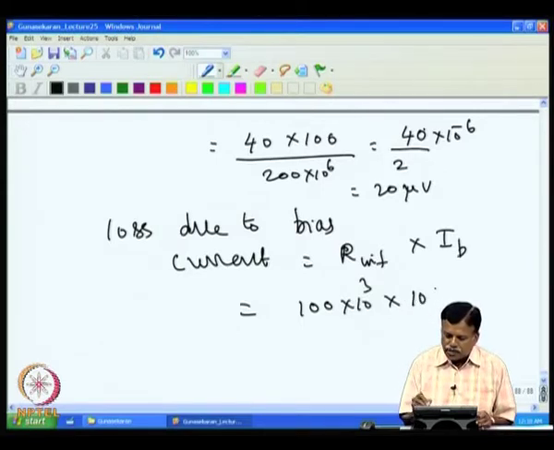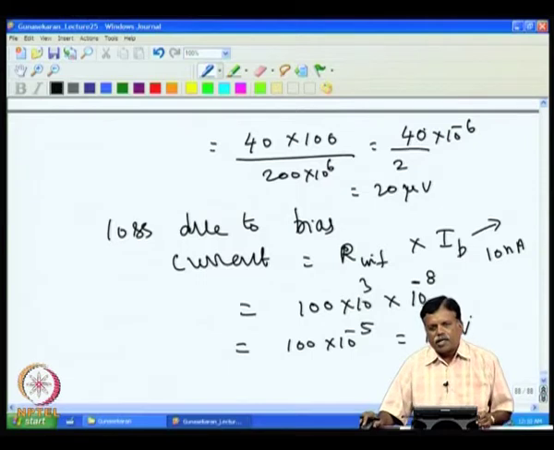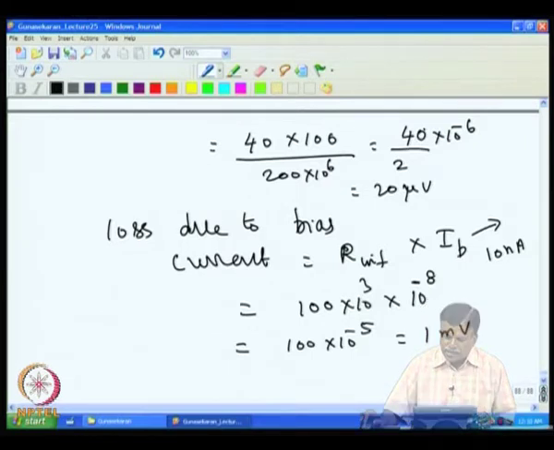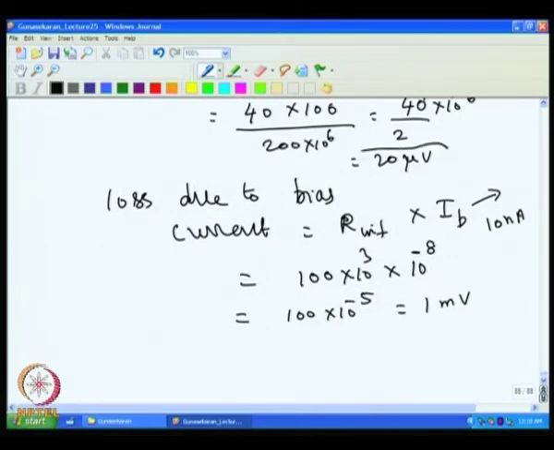So, that will be 10 power minus 8, 10 nanoamps. So, IB is taken as 10 nanoamps. That works out to be 100 into 10 power minus 5, that comes to 1 millivolt. See, in this case we have lost more due to bias current, because what we have lost is only 20 microvolt due to input resistance, and we have lost 1 millivolt due to bias current.